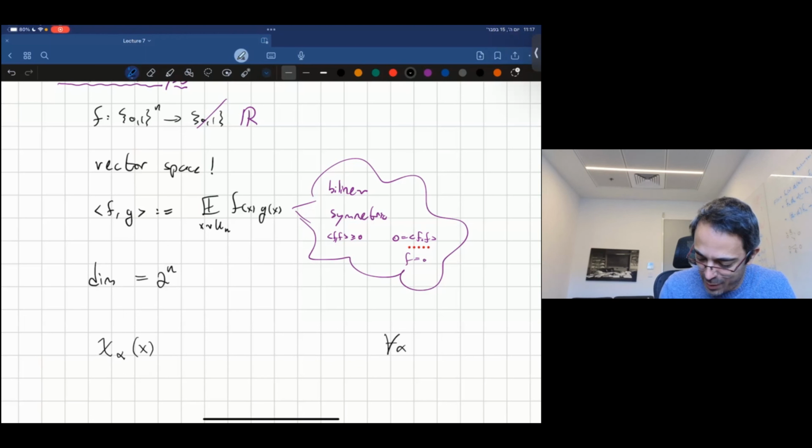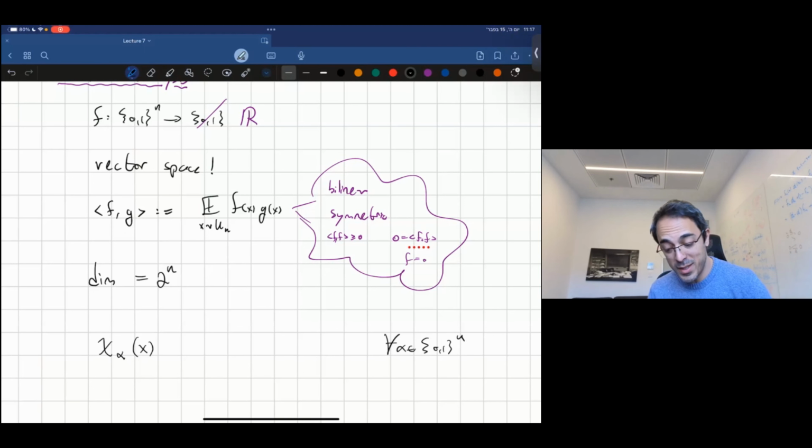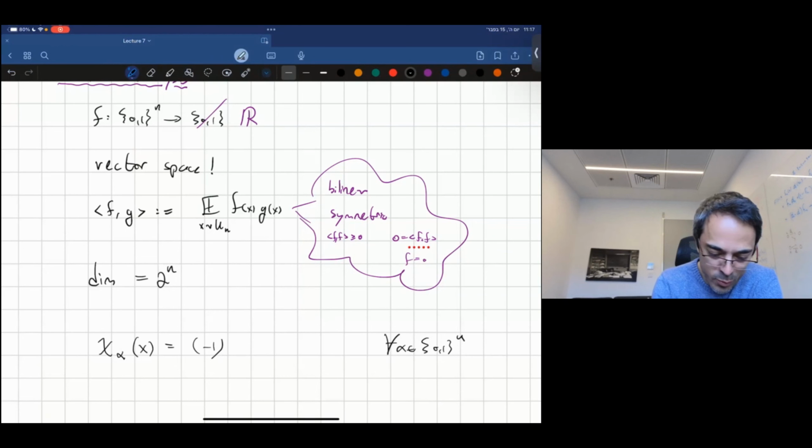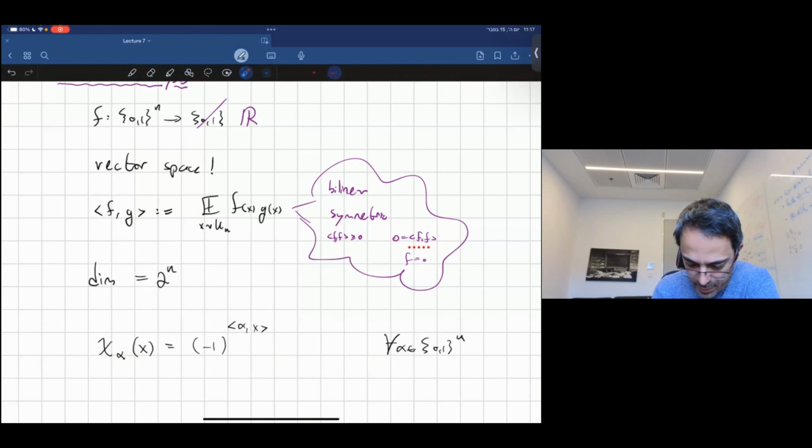So for every alpha in {0,1}^n, including 0, by the way, which was excluded when we talked about small bias sets, chi alpha of x is going to be minus 1 to the alpha dot x. That's the only tweak I'm going to make.